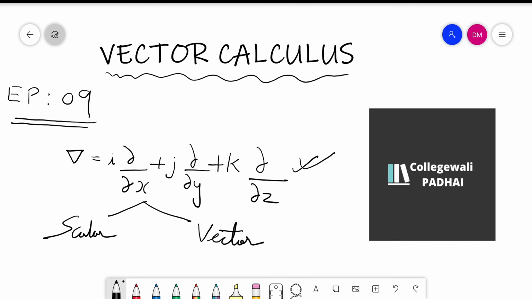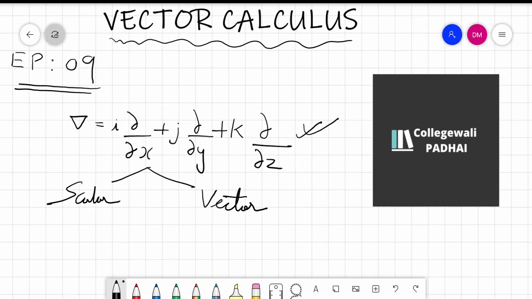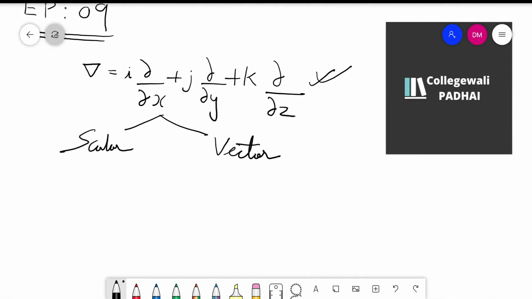If we proceed towards the scalar form, then it will be del f.